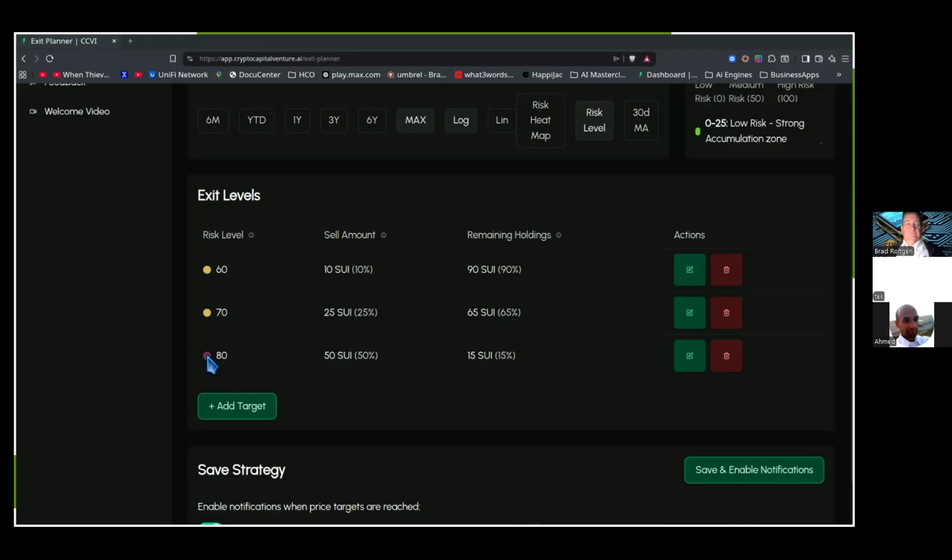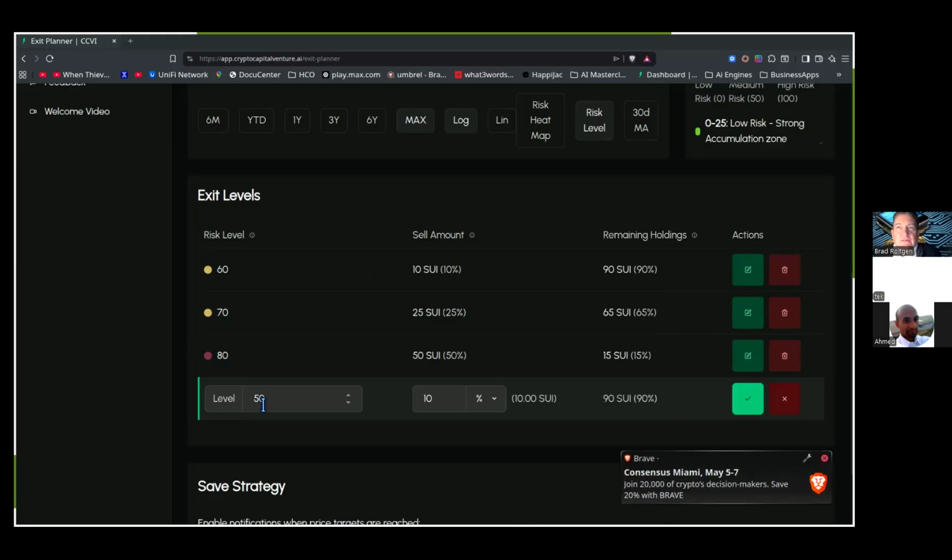That will leave you basically 15%, or in this case 15 coins, that you are holding, and those 15 will round trip, so to speak, if you haven't added another target here at 90 or 100.